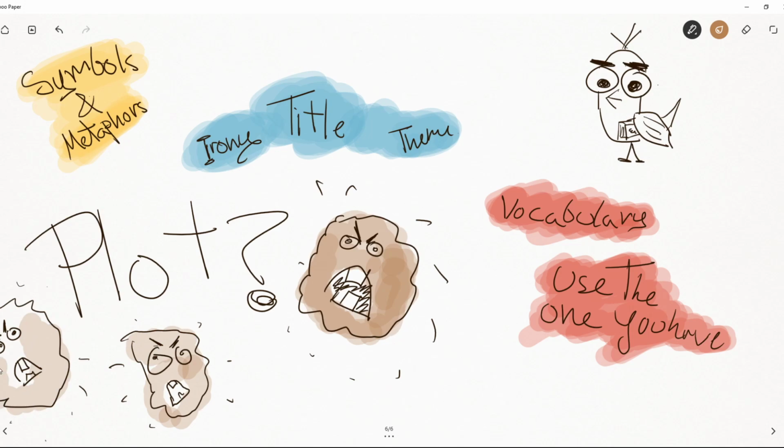If you like starting with the plot, of course you may. But I like to start with the characters and setting, and see what happens. And then you usually have to imagine a bit wild characters. Not that boring, really. They're interesting, so then the story gets interesting.